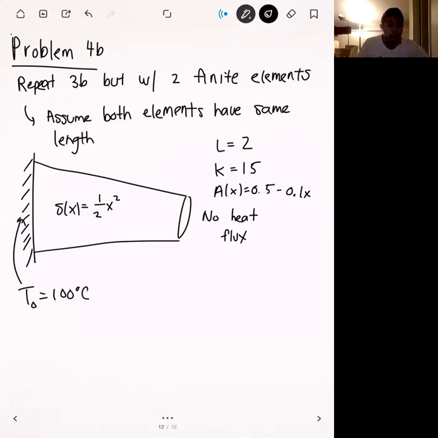All right, so let's go ahead and start solving this problem. When you're doing these problems with finite elements, the first thing you're going to have to do is find the element stiffness matrix and element forcing vector for every element.